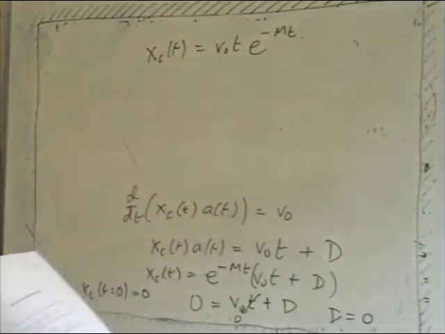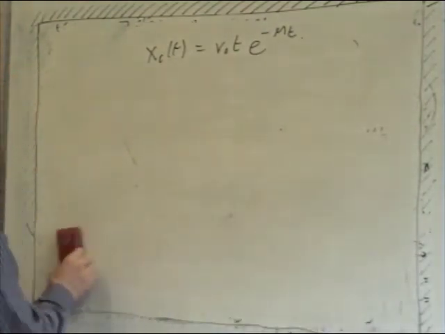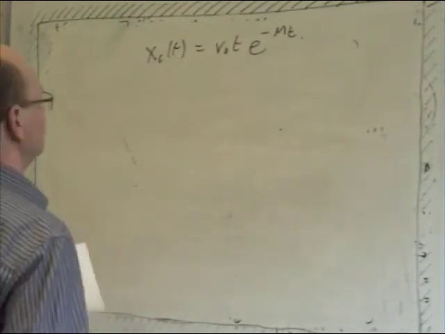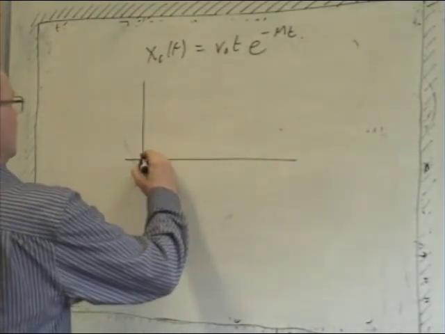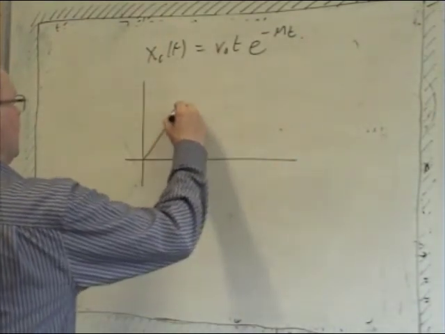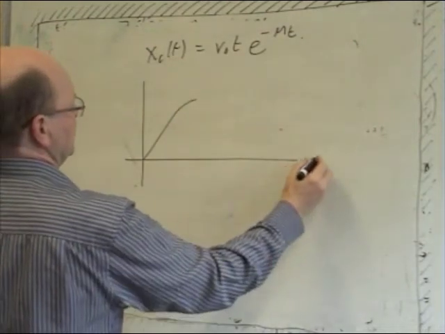Now what does that look like? Well, we can sketch it. At small times, e to the minus mt is dropping exponentially from 1, but it's multiplied by a function which is increasing linearly from 0. So what you get is this kind of behaviour, and then at large times e to the minus mt is going to dominate, so it has to go to 0.